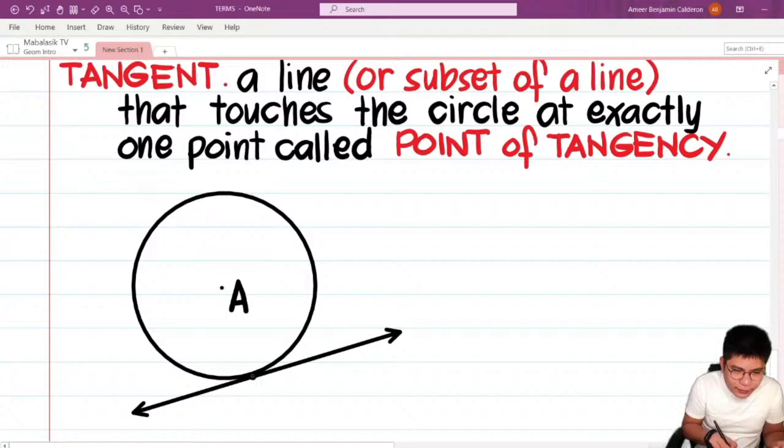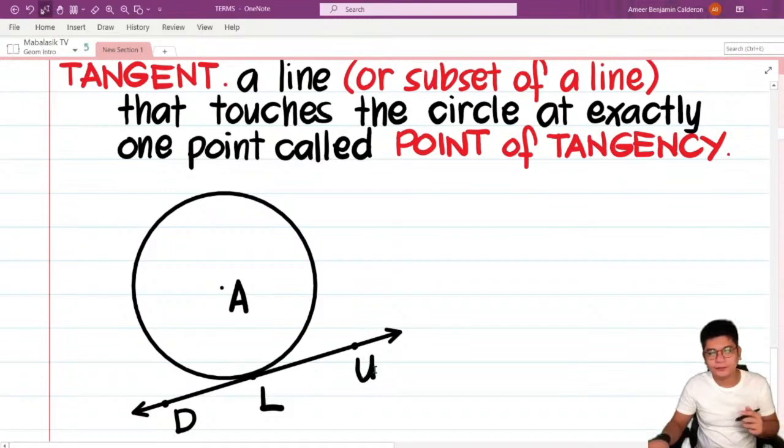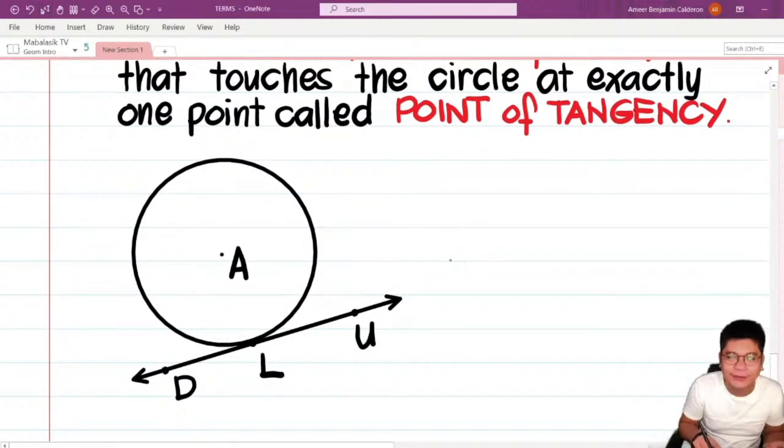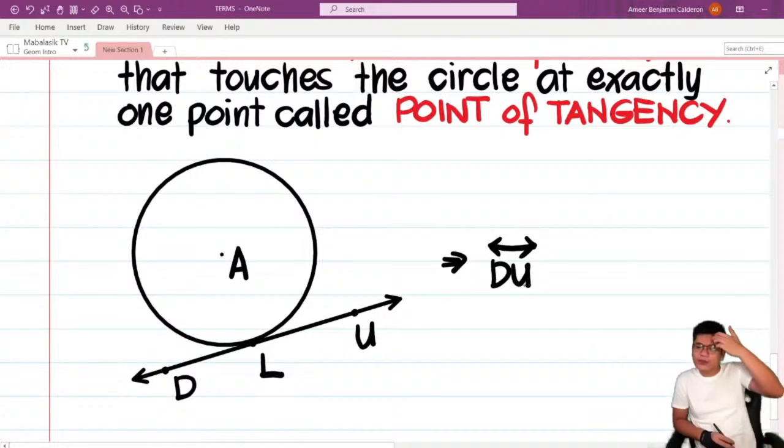So, for example, this is L, this is D, and this is U. Yan. So, our tangent now is line DU. Sir ABC, can we do line DL or line LU?